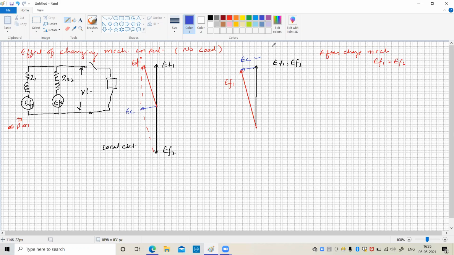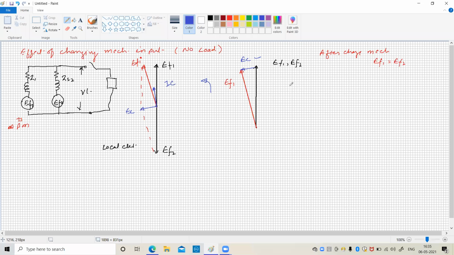Now, whenever there is a circulating voltage, there is a circulating current which is lagging by 90 degrees. So this is the vector diagram, in the anti-clockwise direction. So here the circulating current will be here, represented by this line. This is the circulating current, IC. Now see, this circulating current has a small angle with respect to EF1.